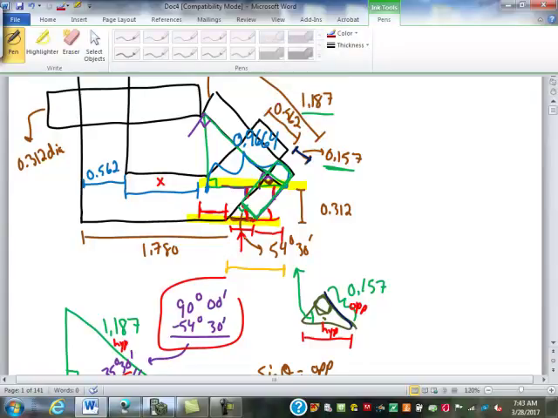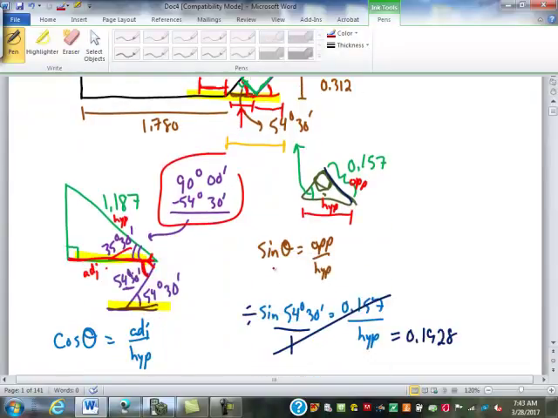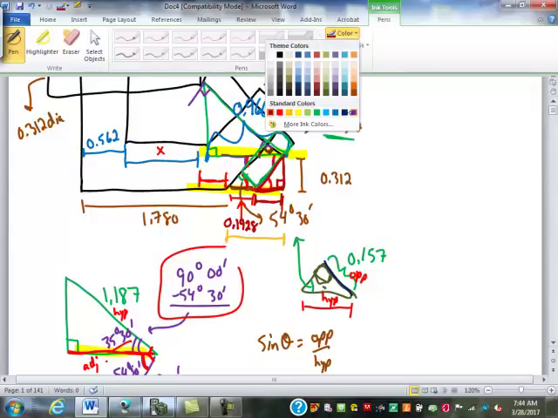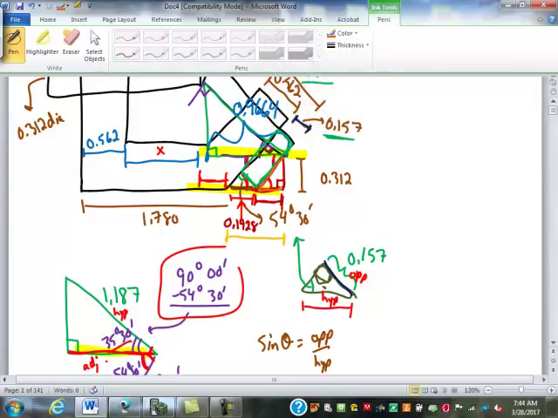So next, this piece right here is just 0.1928. Then I need to find this piece here. To find that piece, I'm going to create this triangle. So I'm going to pull that out.